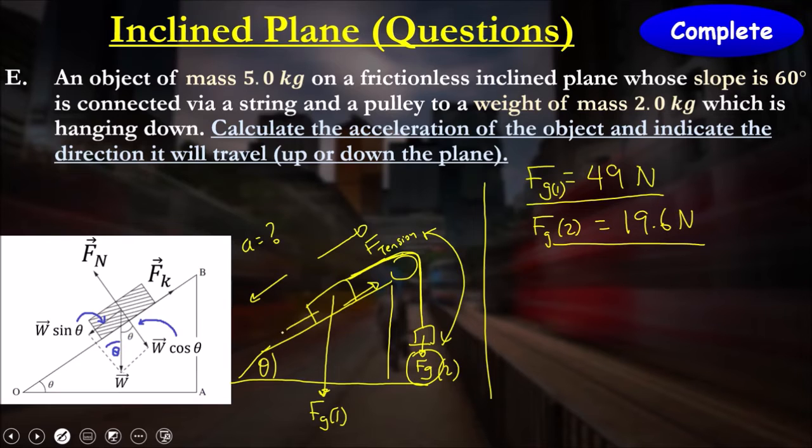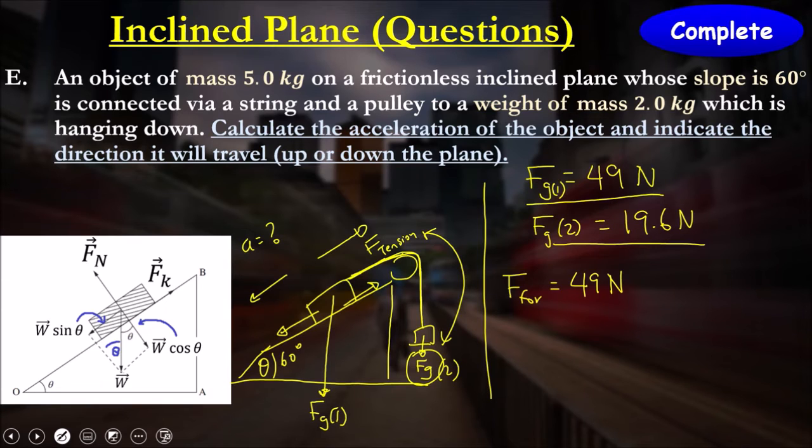So what about this motion? What about the forwards motion? Where is that object going? Now we know that theta is 60 degrees. We know that the forwards motion is always a sine component of the weight force, of the big mass at least.